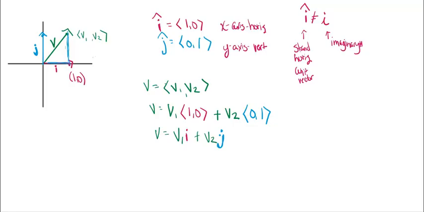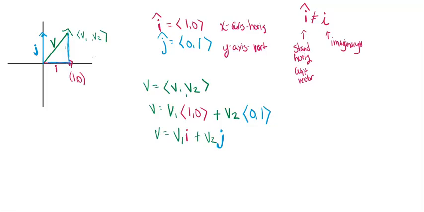So v can be rewritten as v1 i plus v2 j. That is writing a vector as a linear combination of unit vectors. So let's do example 5 in your book, which is an example of how to do this with numbers.